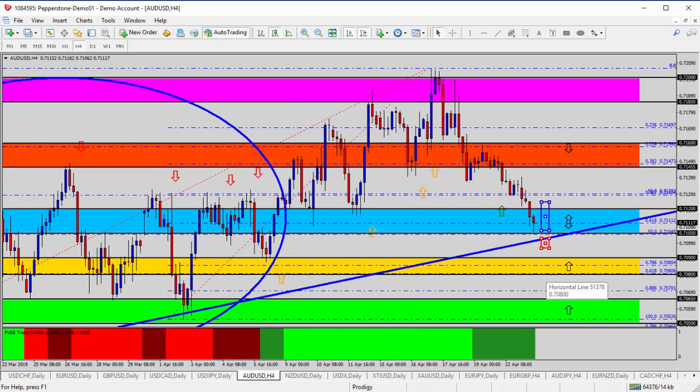So that's really the setup for the day today. Either it bounces, we get indications of infusions of buy orders back above 0.7120 and it starts going back up, or it finally breaks back through this blue shaded area and starts going lower again for the Australian dollar today.